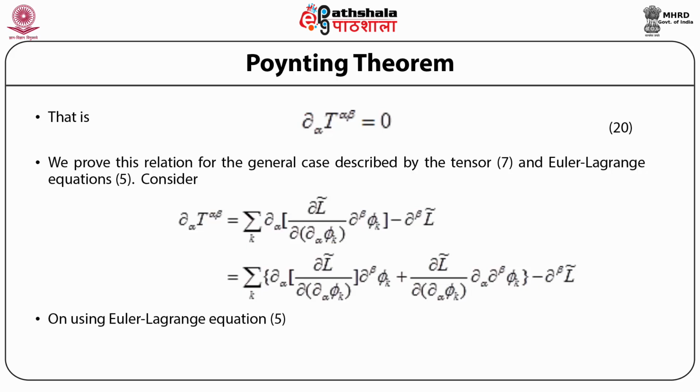On using the Euler-Lagrange equation, ∂_α (∂L/∂(∂_α φ_k)) equals ∂L/∂φ_k.